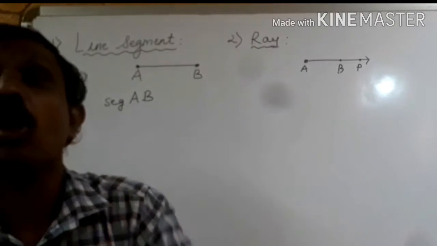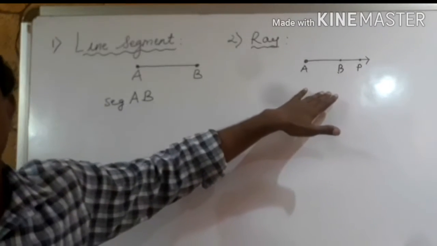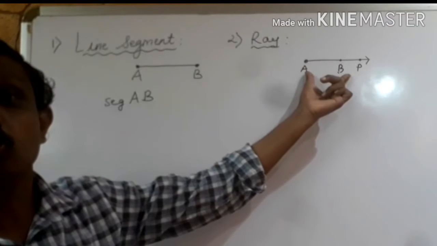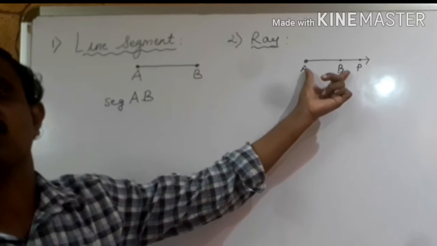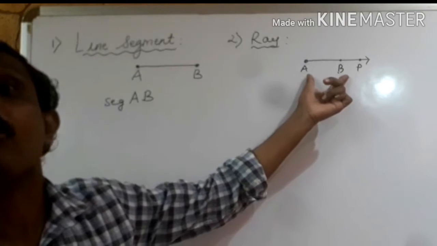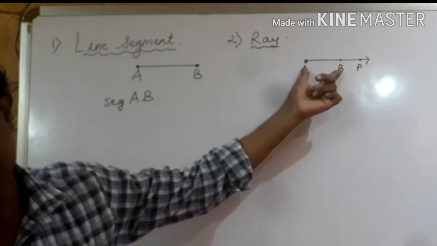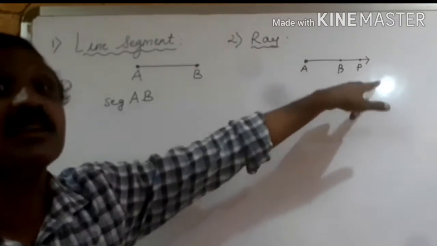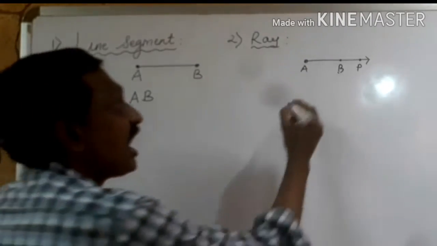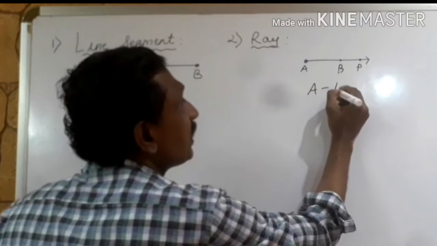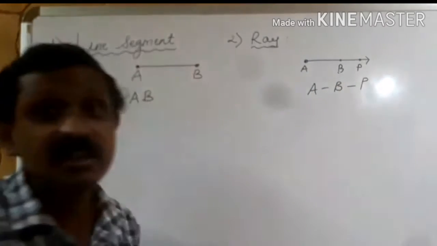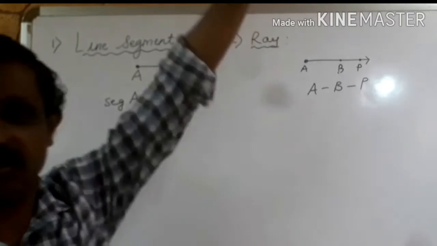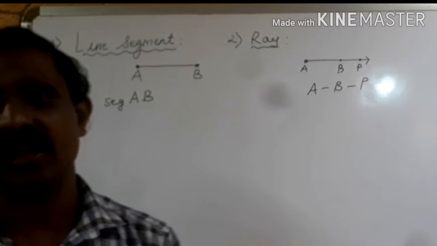The union set of all points on segment AB and the point P such that A-B-P is called ray AB.